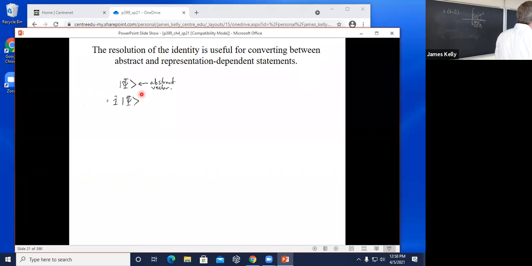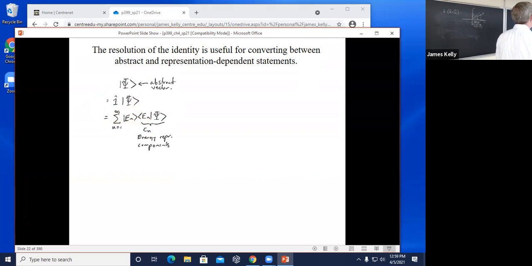Well, of course, that vector is nothing but the identity multiplied by itself, nothing profound about that, but we're going to write the identity in terms of a particular resolution of the identity. Remember, I said for the resolution of the identity, you could use any orthonormal basis like this, right?